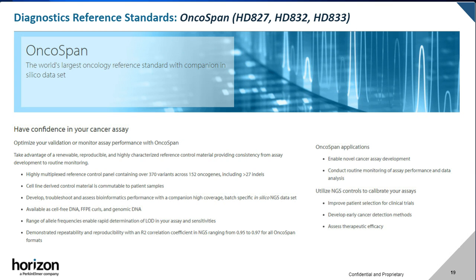The product is currently available in 3 formats: cfDNA, FFPE, and gDNA. And it offers the most commonly tested variants and a range of allele frequencies to both test specificity or limit of detection of a particular assay. And I'll go into a little bit more detail on the next slide.